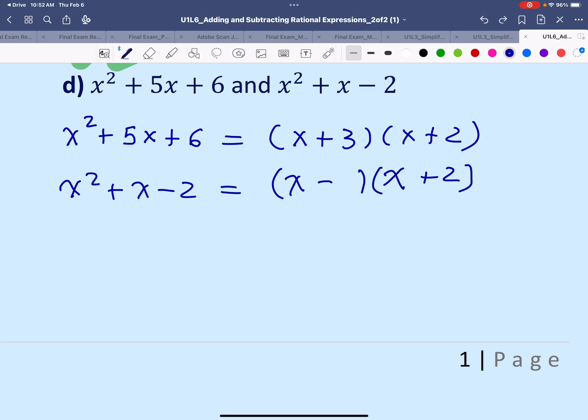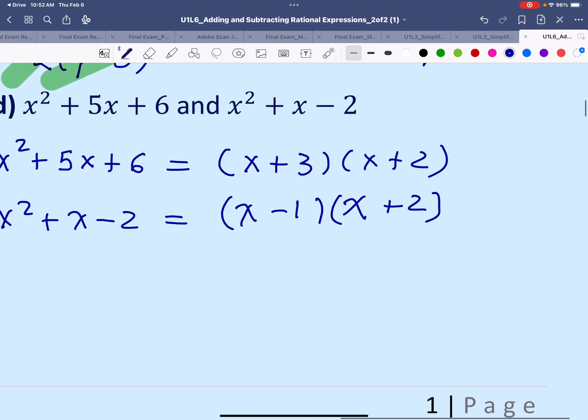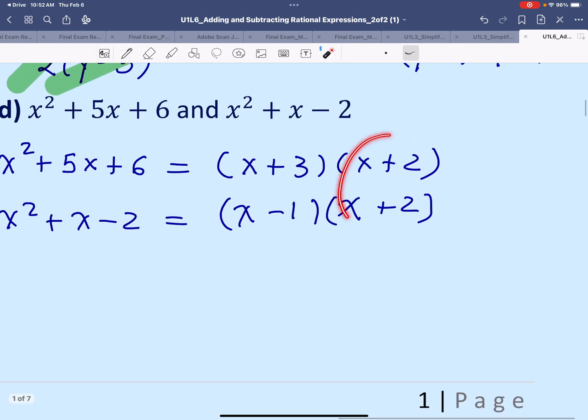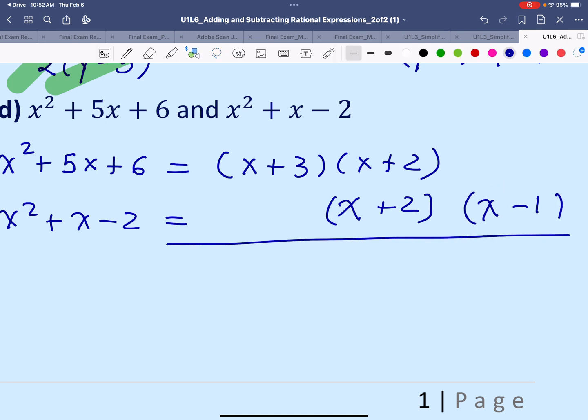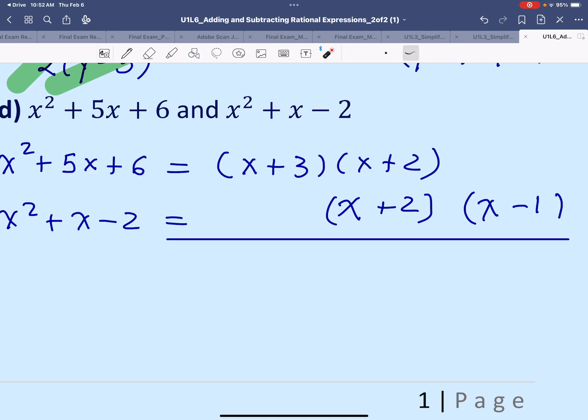What I would do is list the common binomials right below each other, and I would reserve a spot for the binomials that don't have any common factor with the other expression. As you can see in here, we have x plus 3. We have x plus 2, which is common, so that means we only have to write it once.